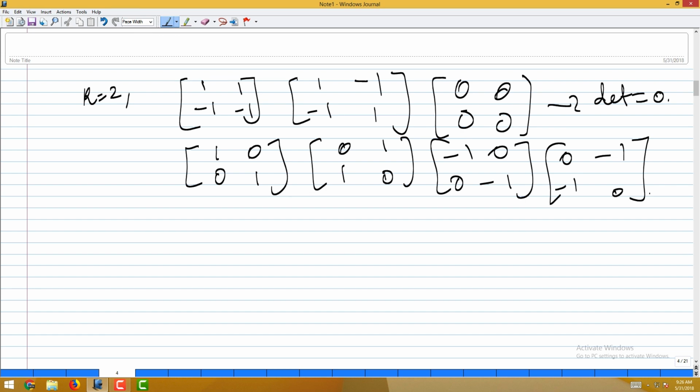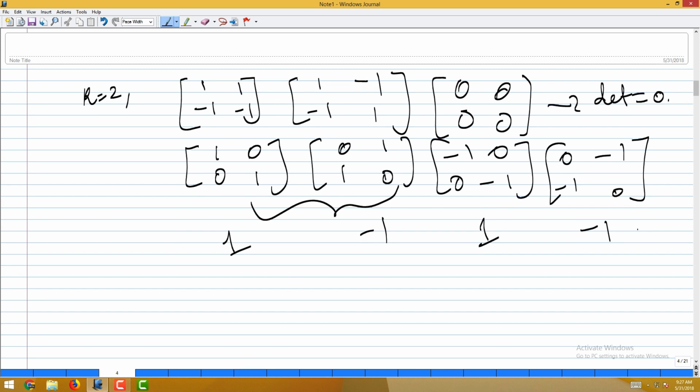In each of these cases, what is the determinant? It is 1 for the first, minus 1 for the second, 1 for the third, and again minus 1. So, any 2 by 2 submatrix is going to have determinant 0, 1 or minus 1.